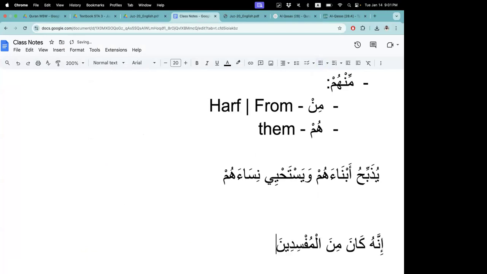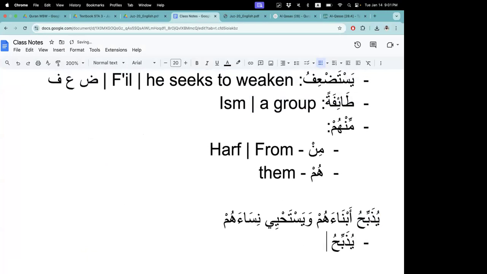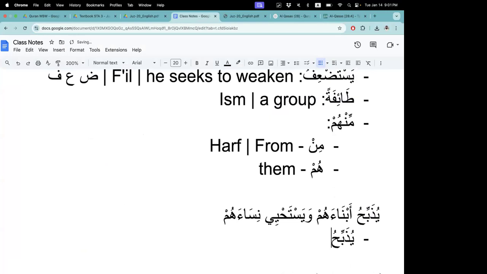Okay, we here, يُذَبِّحُ. Do you remember what it was? Ism or fi'l or harf? This was a fi'l, yes? Why? Because he slaughters. Is that correct spelling? Yes. The root letters are dhal, ba, and ha.